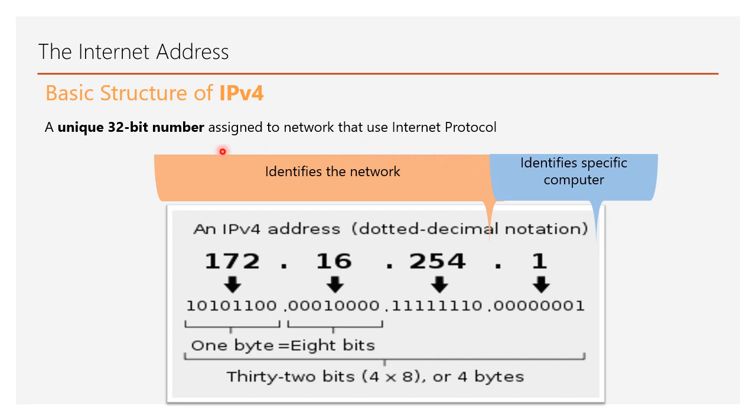Now, the first three groups of the IP address identify the network of your devices, and the last group of IPv4 is to identify the specific computer or device on the network.